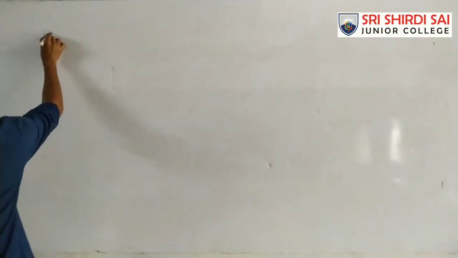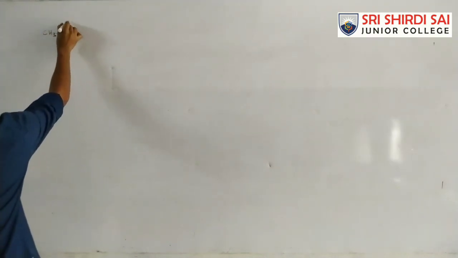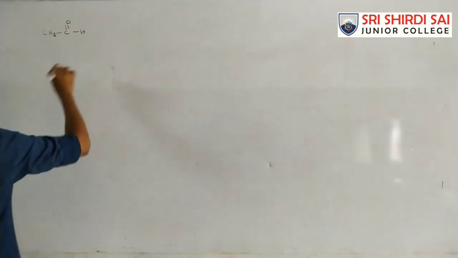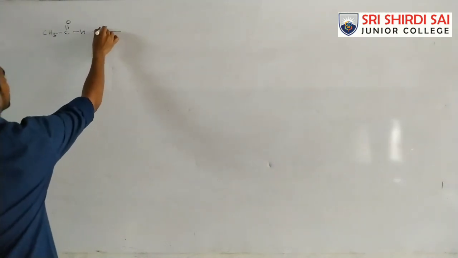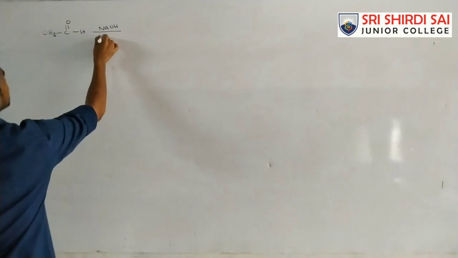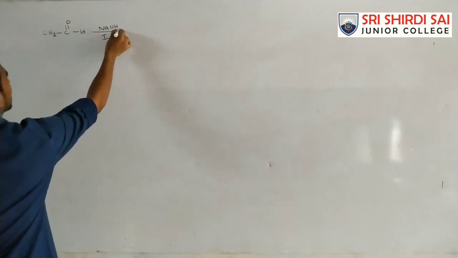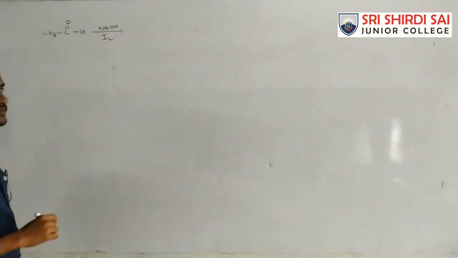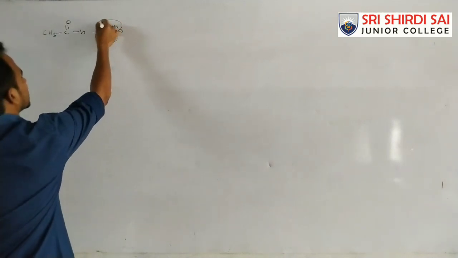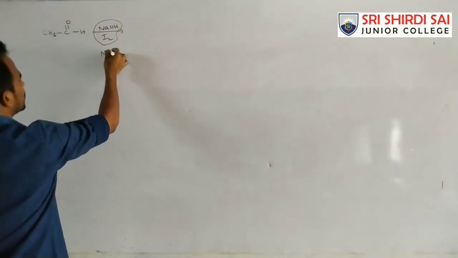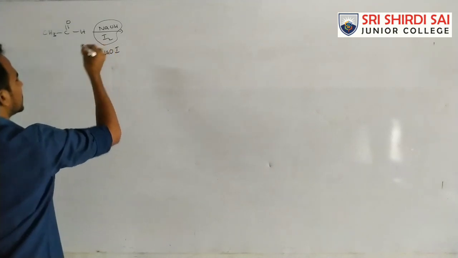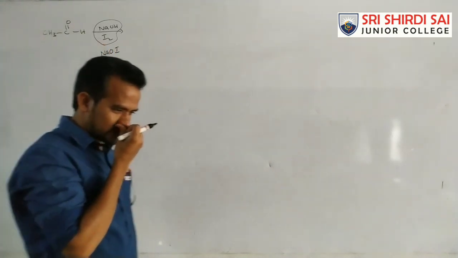Here I am writing acetaldehyde, CH3 C double bond O H. I am treating it with NaOH and I2. This can also be represented as NaOI.